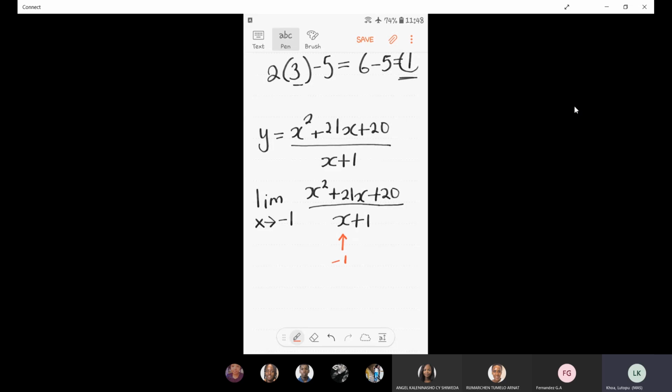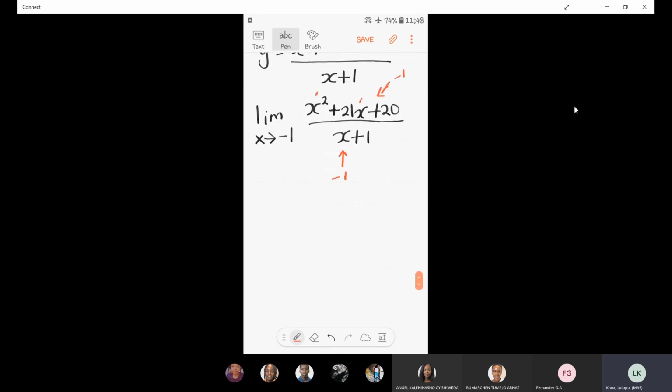But you will also notice that if I substitute minus 1 into the numerator, my numerator is actually also equal to 0. So what I have is that this is of the form 0 over 0.